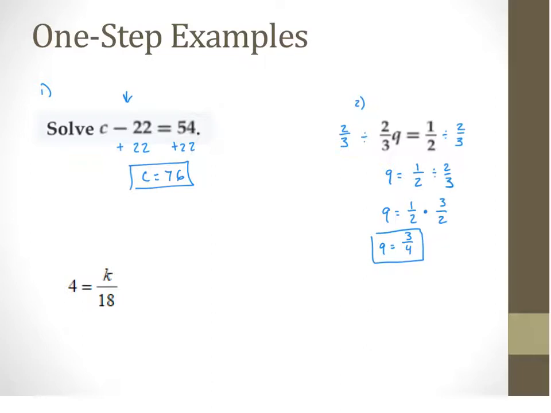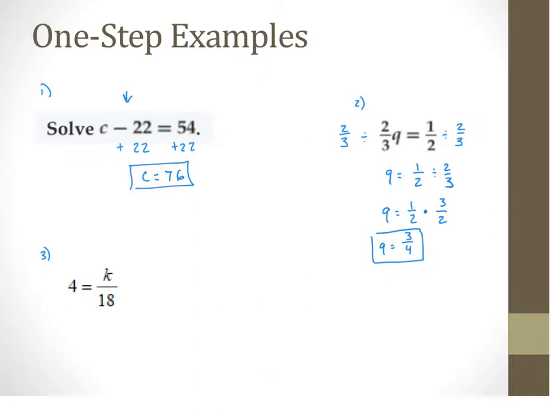All right, this last one that we're going to go over is what to do when the variable is in the numerator of your fraction. Now remember, fractions are also division bars. Okay, we kind of briefly went over that when we talked about translating things. So k over 18 is the same thing as k divided by 18. So in order to get 18 away from k, we have to do the opposite of what's being done.